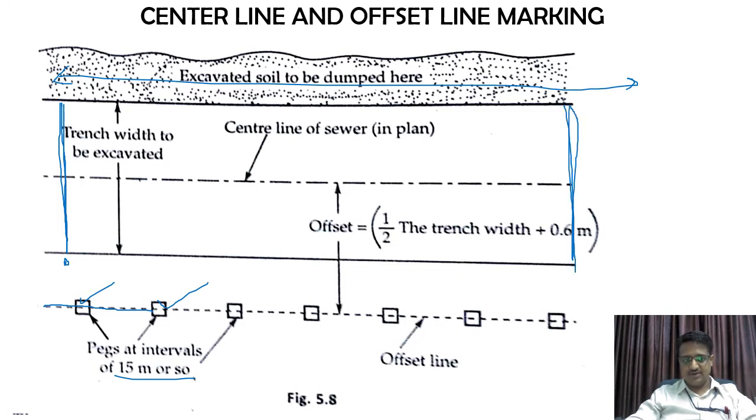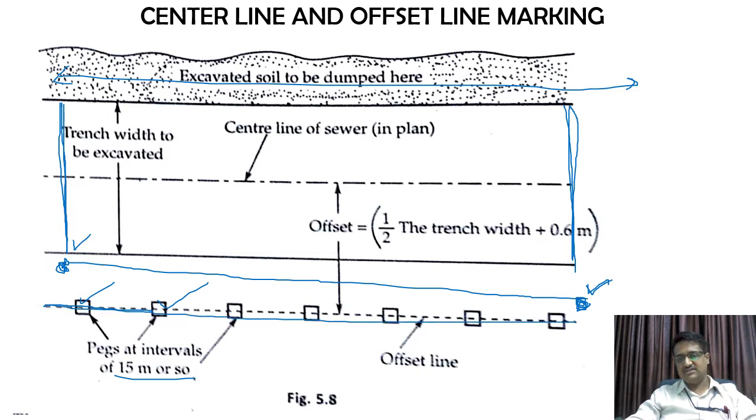So my section will be something like this. Here I need less depth of excavation, and here it will be more. To assess how much depth needs to be there, we need to mark up the RL or levels of these sewer lines on these offsets.